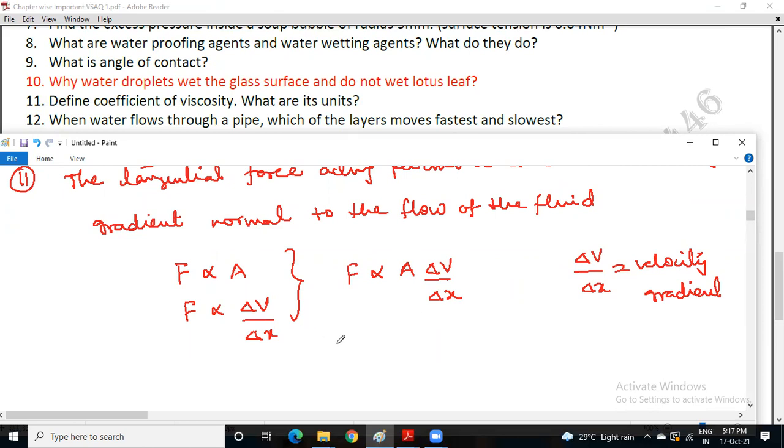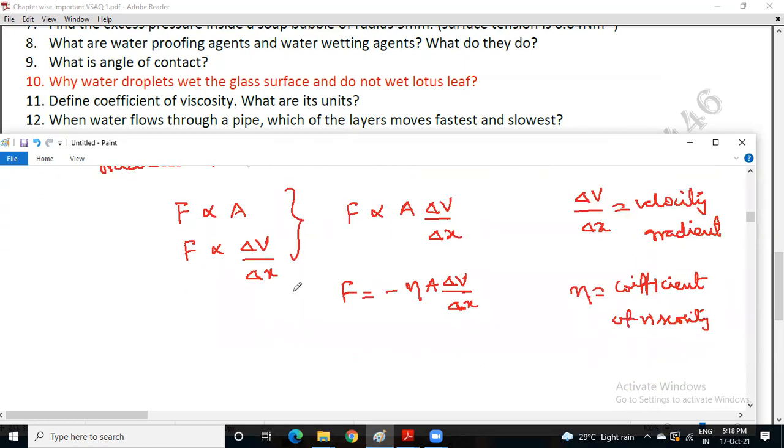A is area anyhow. If you remove proportionality, you will get a constant eta. Eta is coefficient of viscosity. So this is about tangential force.